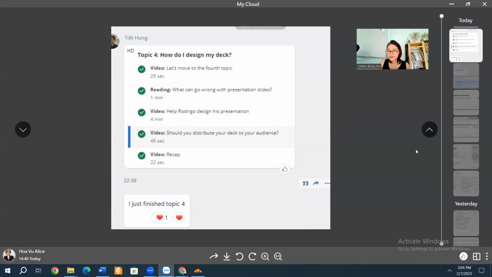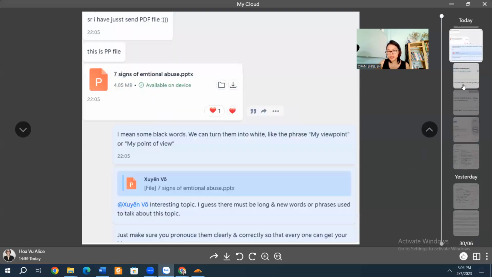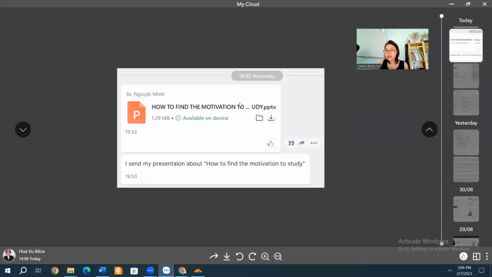So they learn every day, and the last assessment assignment for them is that they make a slide presentation, and then they present it to a larger group of students from different countries.